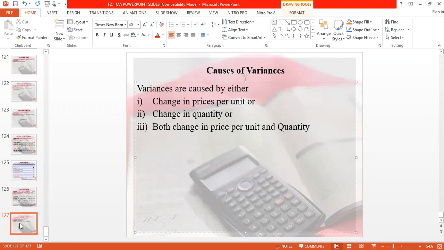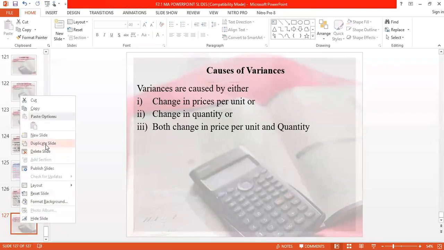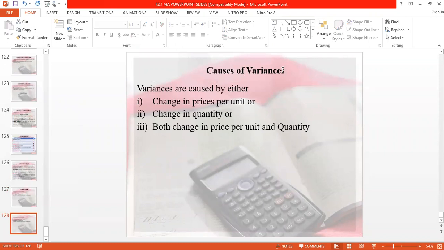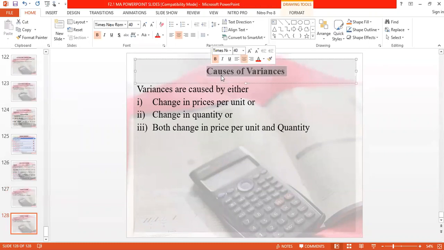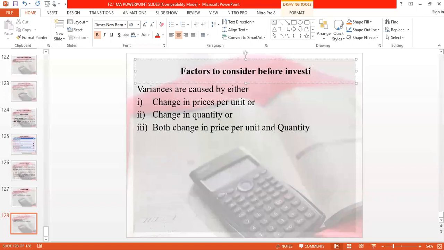But before I continue more on that, let's look at factors to consider before investigating variances.